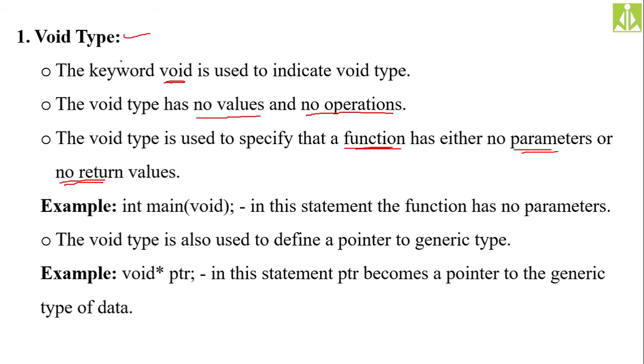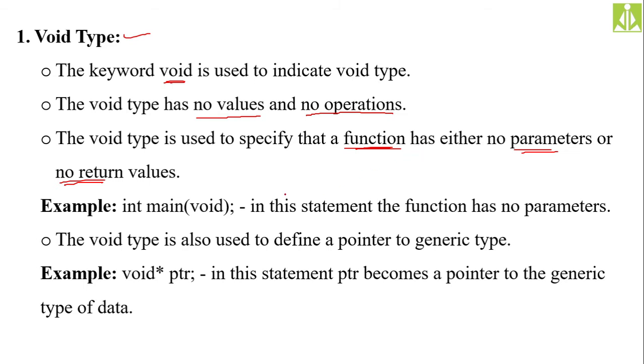To understand the complete behavior of void types, we need to wait till functions, which we will discuss in your third unit. In functions you will understand the exact purpose of parameters and of the void type.